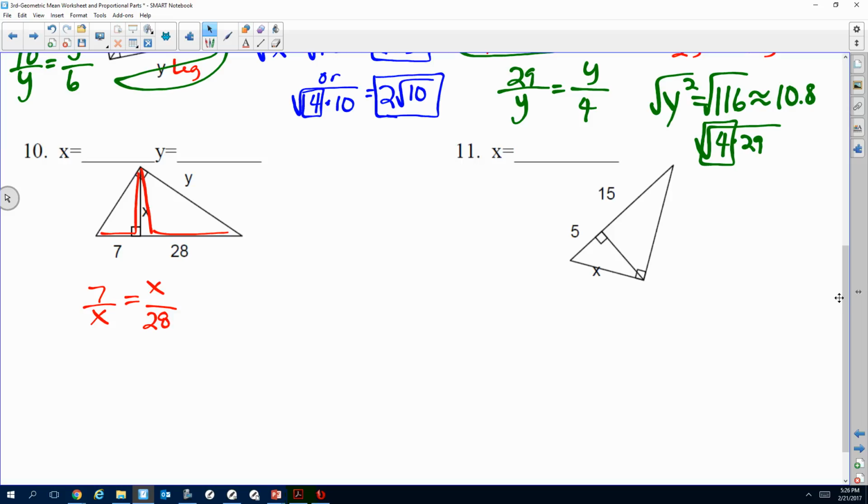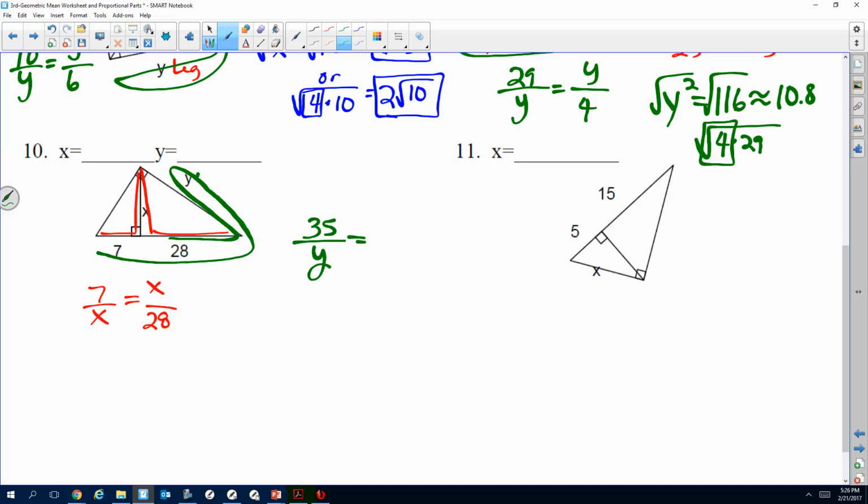But when we get to y, y is boomerang. So we have to use the whole hypotenuse. So 7 plus 28 is 35, up y, come back down y, stop at 28. So 35 over y, because we remember we have to add those together, equals y over 28. So here we have y squared equals 980.